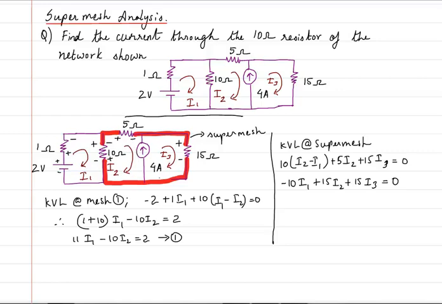Now how do we write it very nicely? If we consider this as a node, then here the current is I3 and here the current is I2. So I can basically write the KCL equation.